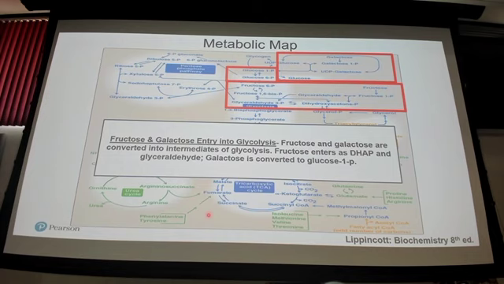Okay, so we talked about some other monosaccharides, fructose and galactose. Those can also enter the glycolytic pathway. They are converted to intermediates of the glycolytic pathway. So fructose is converted to DHAP, dihydroxyacetone phosphate, and glyceraldehyde, and galactose is converted to glucose 1-phosphate.